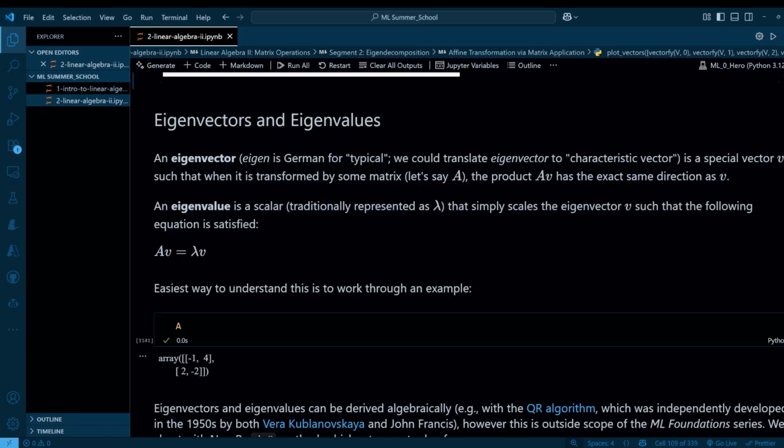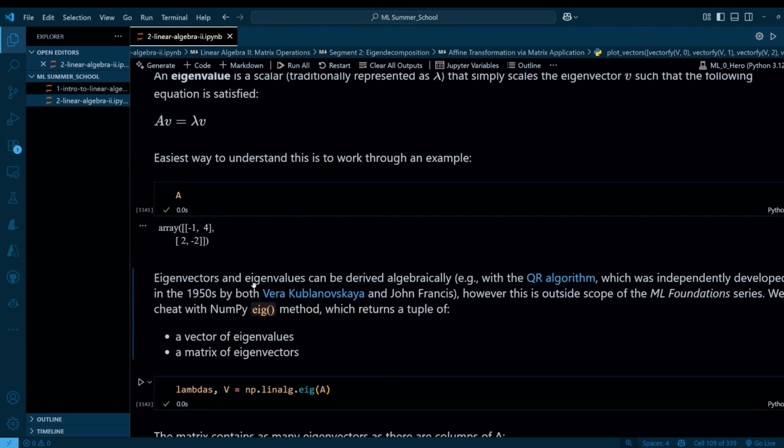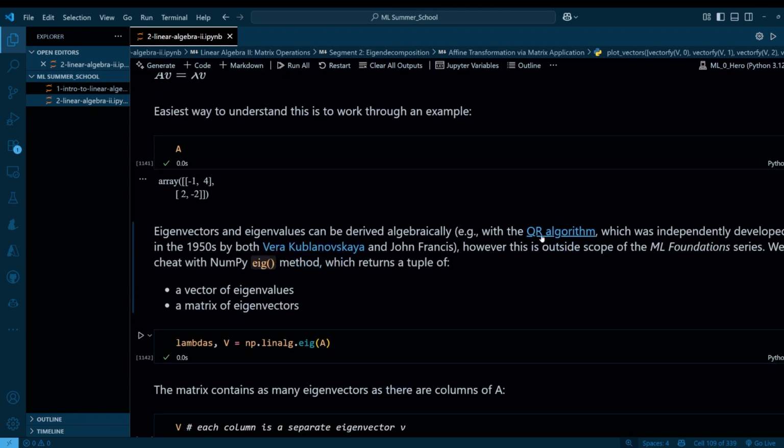It will take some time, and you should also take some time. Okay, so now assume that A is our matrix -1 4 2 -2, no problem with that. There is a method called the QR algorithm, using QR decomposition. I will share some videos in the description or comment section, which are not mine, and you can check them out.